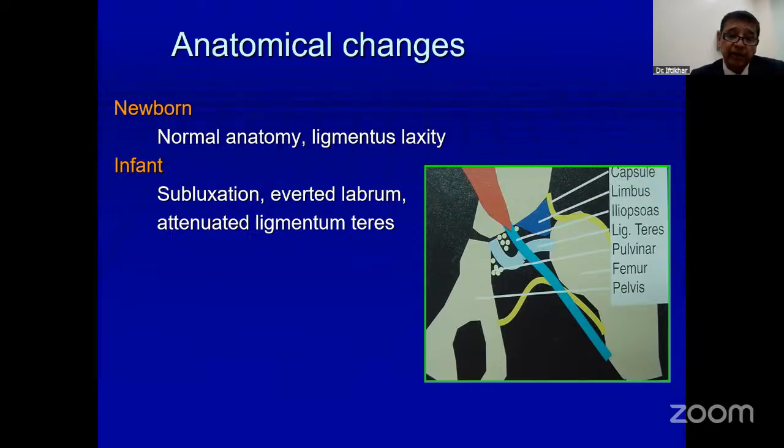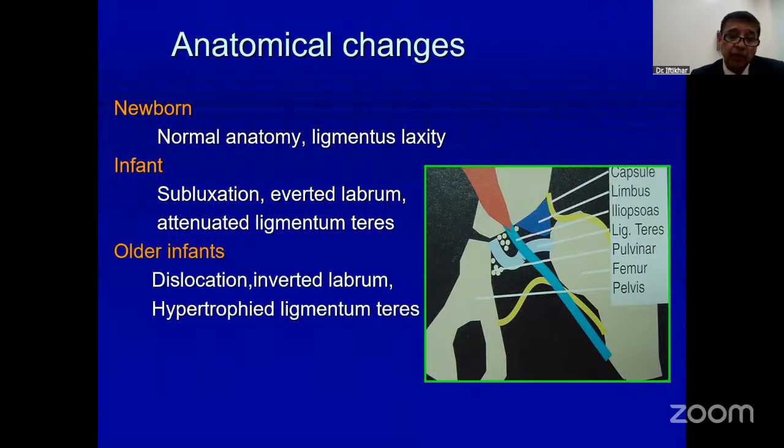The labrum becomes everted, and there is an attenuated ligamentum teres, which can lead to the same scenario. If these are missed at early stages, one can end up having dislocation in older infants. When there is a dislocation, again there is an inverted labrum and a hypertrophied ligament. So all these structures end up occupying the capsule or the joint instead of the head of the femur.